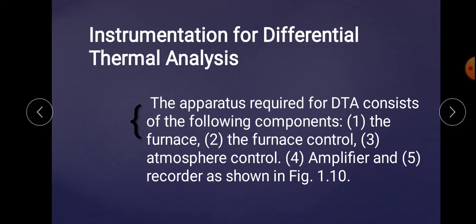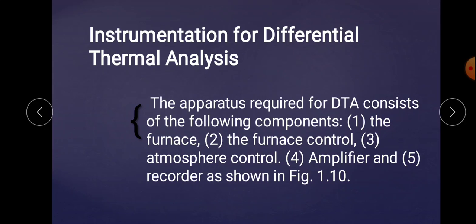And the last component of the instrument is the recorder. So basically, in differential thermal analysis, there are 5 basic components. First one is the furnace, second the furnace controller, third the atmosphere controller, fourth the amplifier, and fifth the recorder, which is shown in the next figure.